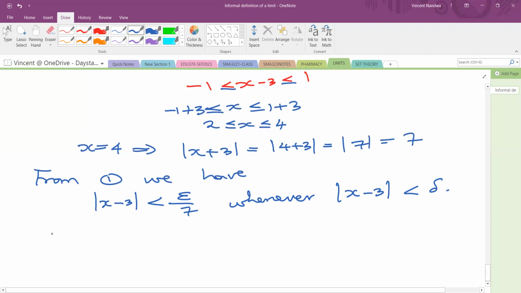So if we choose delta equal to the minimum of these two numbers, the one that we have assumed and what we have gotten here, there is a direct relationship between this general expression that was obtained from the absolute of f of x minus L and this expression that is already given in the definition, absolute of x minus a less than delta.